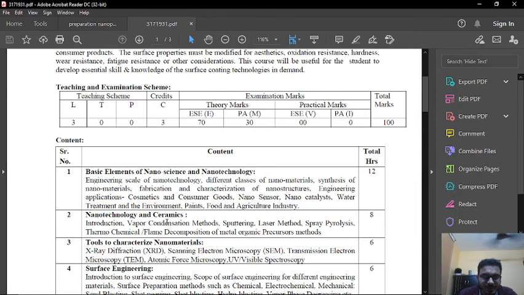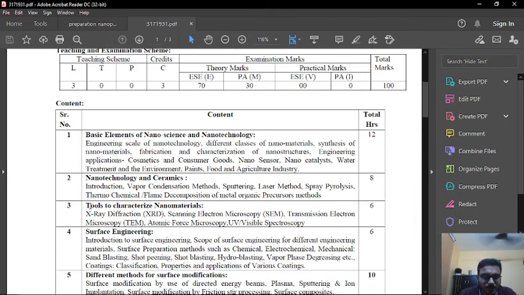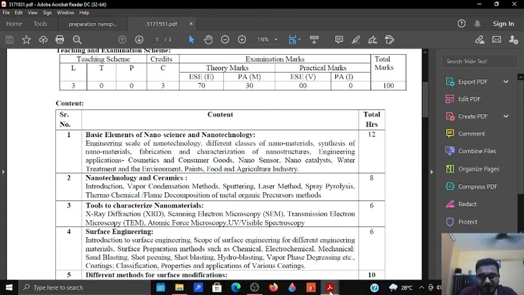The next chapter that will be started is tools to characterize nanoparticles, which will have various tools: X-ray diffraction, scanning electron microscopy, transmission electron microscopy, atomic force microscopy, and UV/visible spectroscopy.